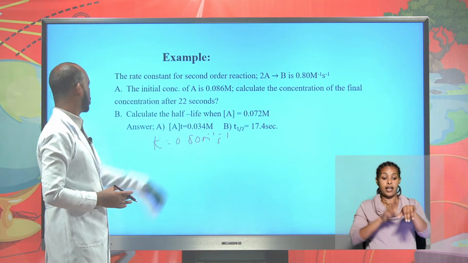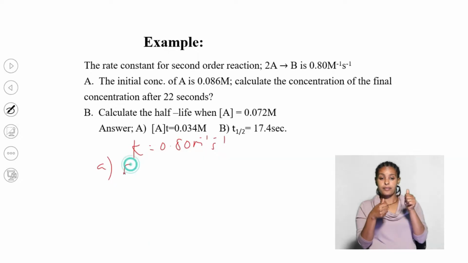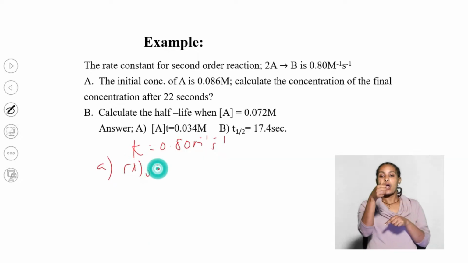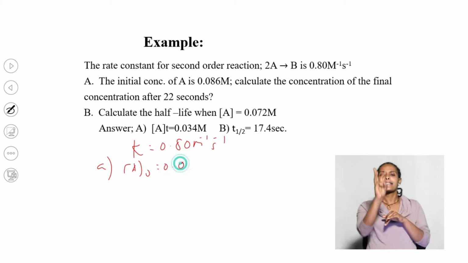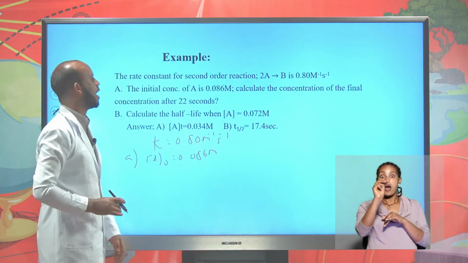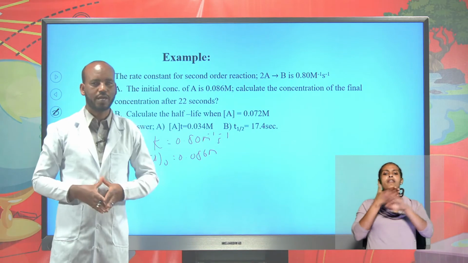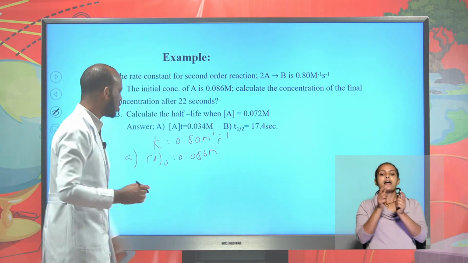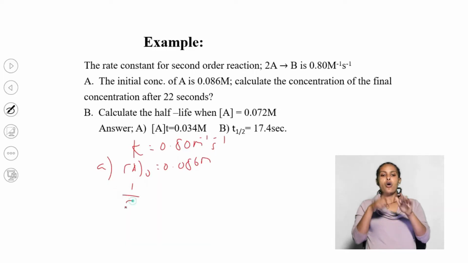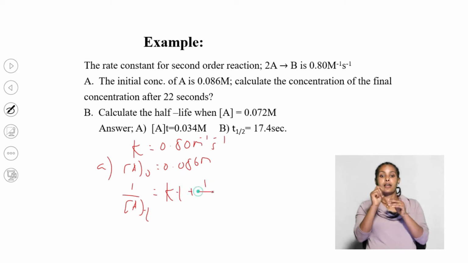The initial concentration A naught is 0.086 molar. Calculate the final concentration after 22 seconds. The integrated rate equation for a second order reaction is: 1 over the concentration of A at any time t equals Kt plus 1 over the initial concentration A naught.